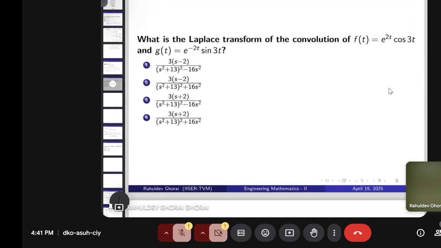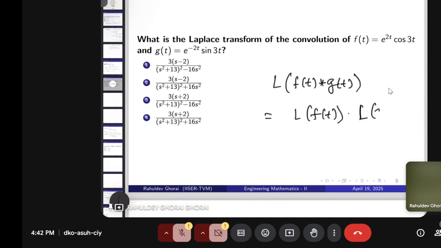What's the Laplace transformation of the convolution, where f(t) is equal to 2t cos 3t? One thing we need to know is that L of the convolution of f(t) and g(t) is not the product f(t) times g(t); it is L of f(t) multiplied with L of g(t).